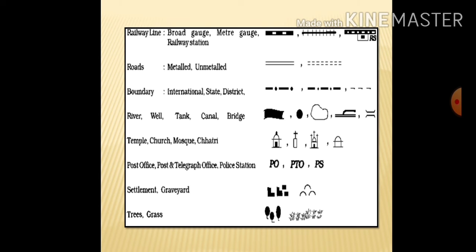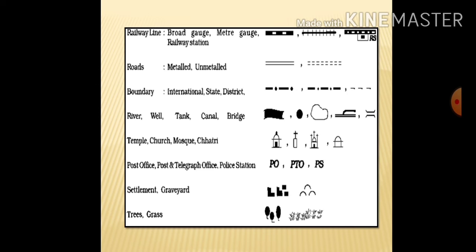The same symbols are used for roads, metal roads, unmetal roads, international boundaries, state boundaries and district boundaries. Then water bodies like river, well, tank, canal, and bridge, temple, church, mosque or chhatri. These symbols are the same wherever you go, in any language.